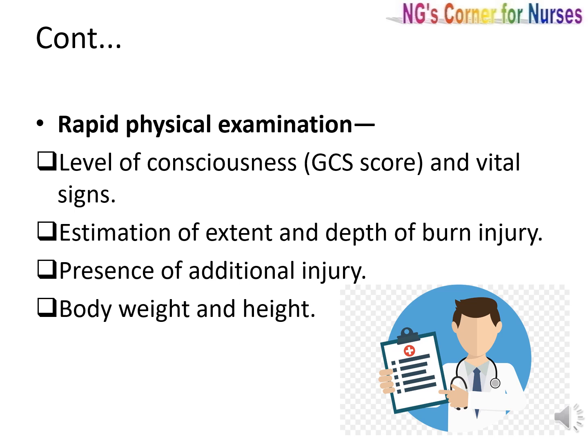How to estimate the burn percentage and what are the characteristics of different degrees of burn, in previous videos I have explained all these things. Please refer to those videos. Links are given in the description box. Then we have to check for the presence of additional injury and we have to check the body weight and height of the patient.